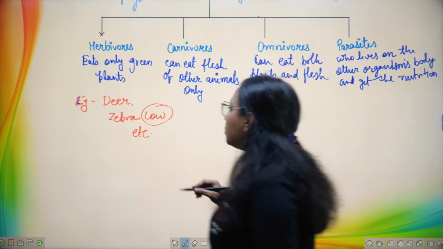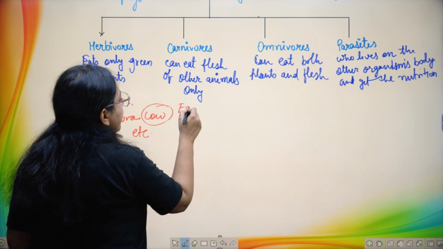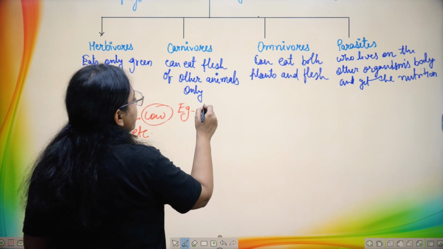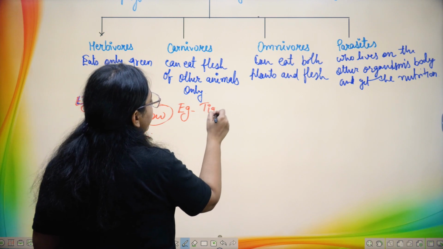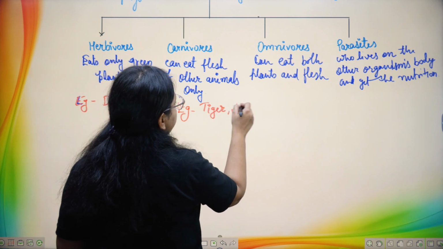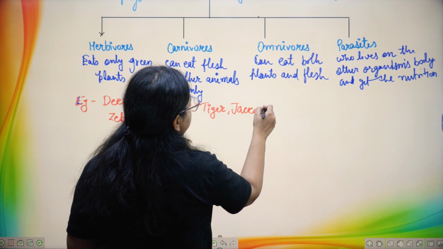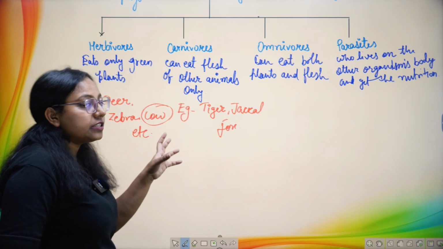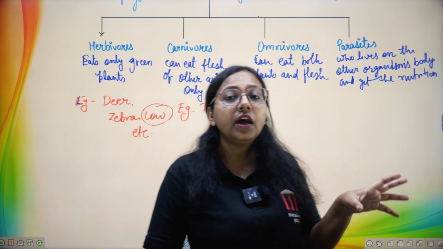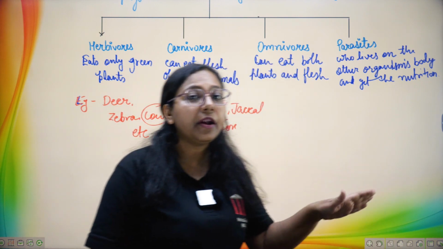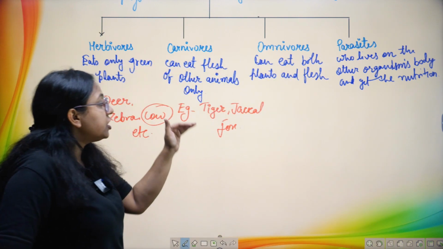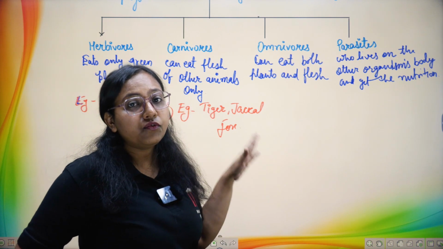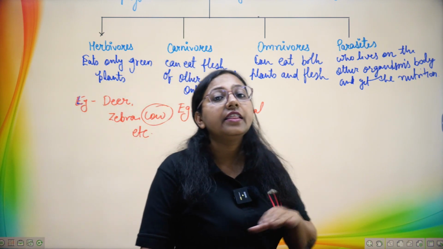Next come the carnivores. Carnivores are animals like tiger, jackal, fox. These are organisms that eat only other animals' flesh. They will not eat grasses. If you give a tiger grass, it will not eat.